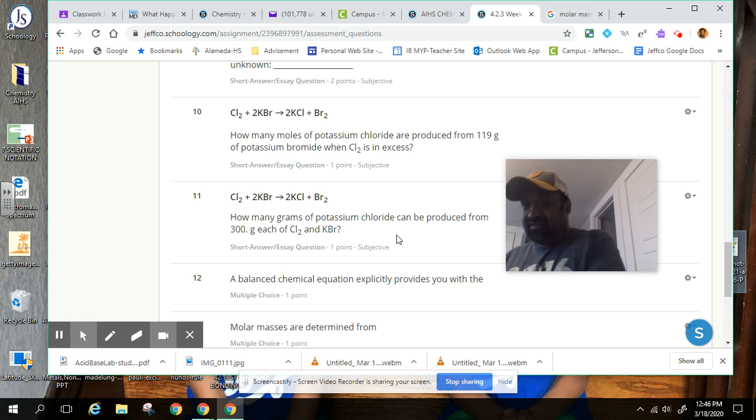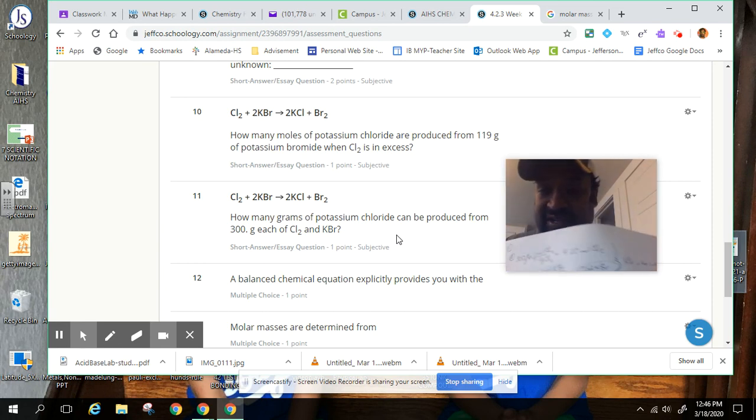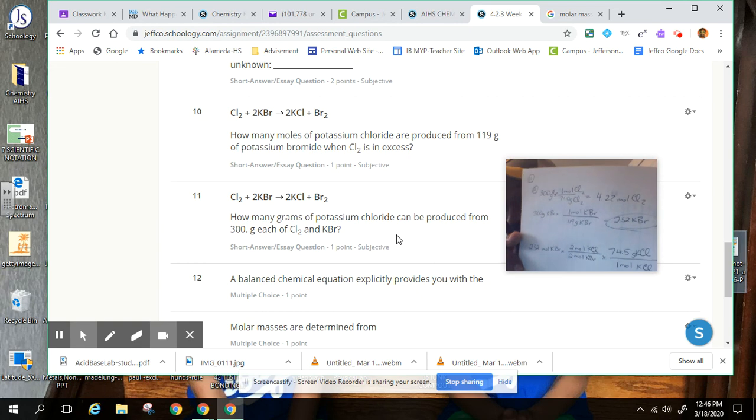I almost think of it as factories. You have to figure out how many moles it would take of Cl2 and how much KBr to run through it. Looking at that, I see my lowest number is 2.52 for KBr for my moles, and you would run out of that first.